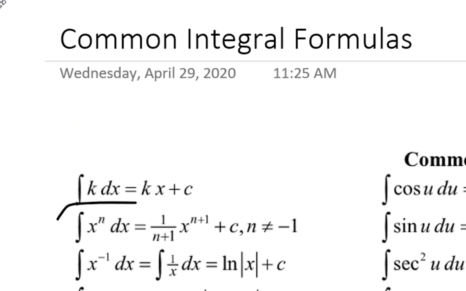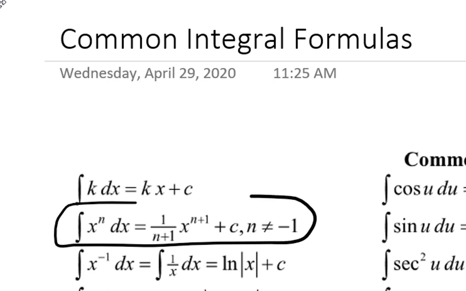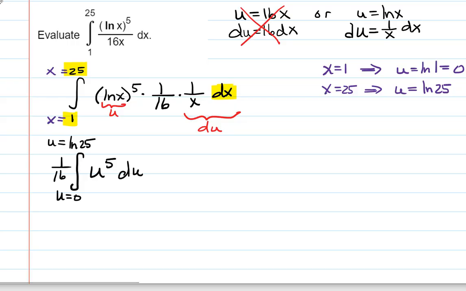This is the situation x to the n. So we can use the rule that we can add 1 to the exponent and divide by it. So this is going to be 1/16 times u to the 6th over 6, and we're going to evaluate that from 0 to natural log of 25.